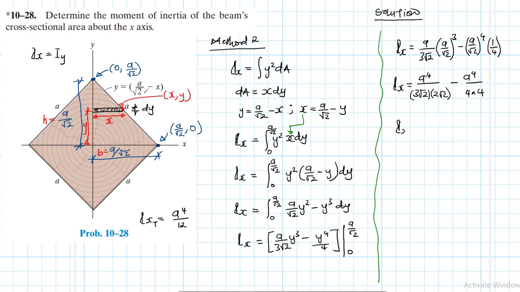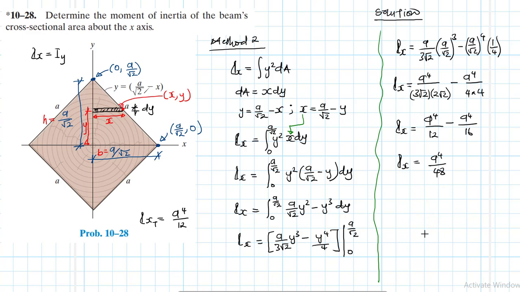So moment of inertia about the x-axis becomes equal to, 3 by 2 is 6, and then 6 by 2 becomes equal to 4. So a to the power 4 divided by 2 minus a to the power 4 divided by 16. If we evaluate this, moment of inertia becomes equal to a to the power 4 divided by 48.